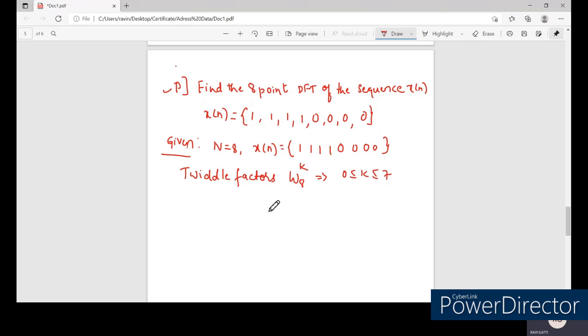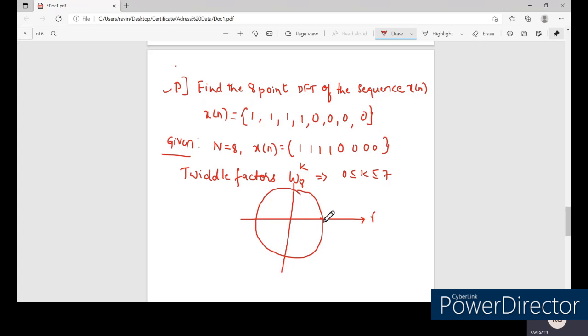So let us try to draw these twiddle factors in the form of a circle, where we can represent all of them on a unit radius circle. We call the x-axis the real axis and the y-axis the imaginary axis.